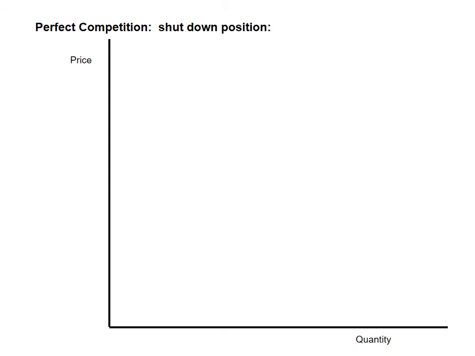Okay, a shutdown position. So when are you going to just shut down and walk away? So let's have this here, and let's have demand equals price equals average revenue equals marginal revenue, and this again is the firm. Okay, so we're not even making our costs.